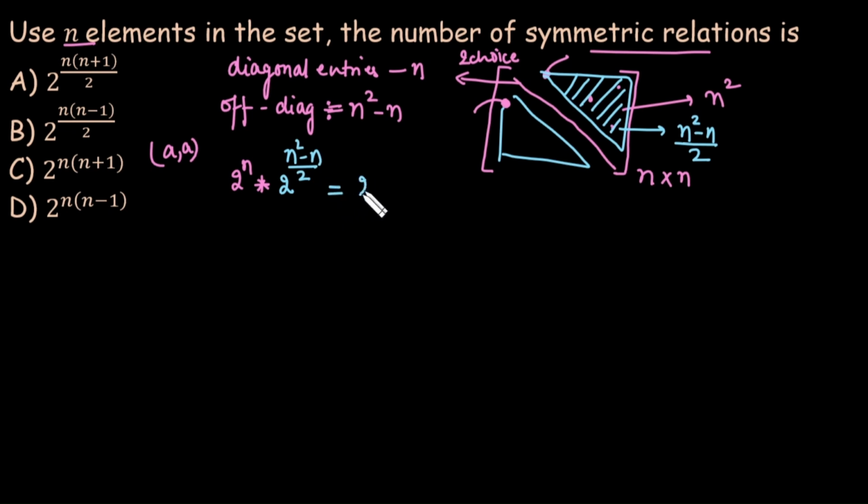This is equal to 2 raised to power n plus (n square minus n) by 2. Simplify this, we have 2 raised to power (2n plus n square minus n) by 2. That is equal to 2 raised to power (n plus n square) by 2, and hence option A is correct.